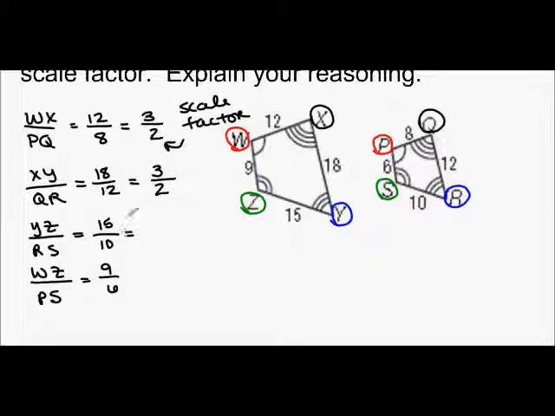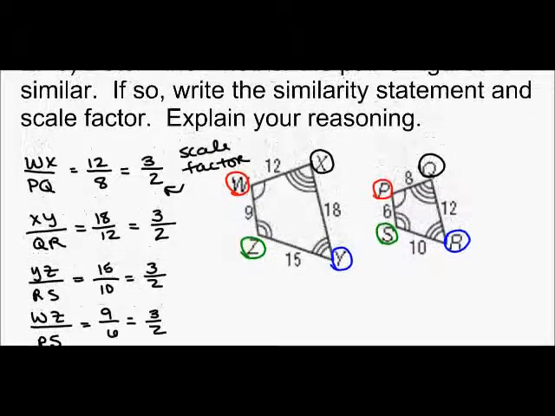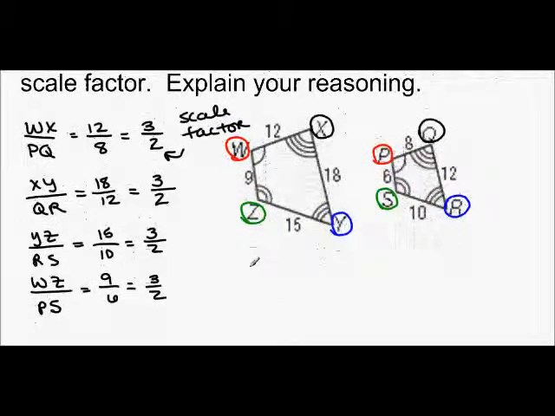Okay, so far so good. These are both divisible by 5, and I get 3 halves. Both divisible by 3, 3 halves. And you see that these are all the same. So yes, these are similar.